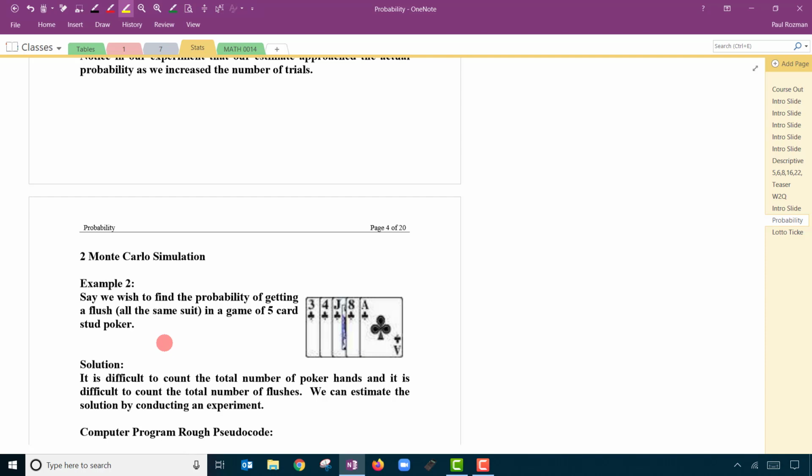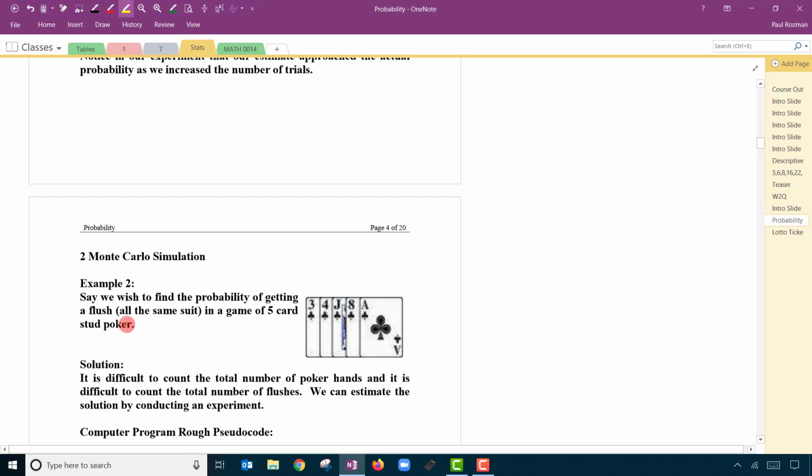I will assume that everyone knows what a deck of cards is. So make sure you know a deck of cards has 52 cards in it. Half are red, half are black. You need to know that the suits are diamonds, clubs, hearts, and spades. I know a lot of people don't play a lot of cards, but I'll make those assumptions that you know the makeup of a deck of cards.